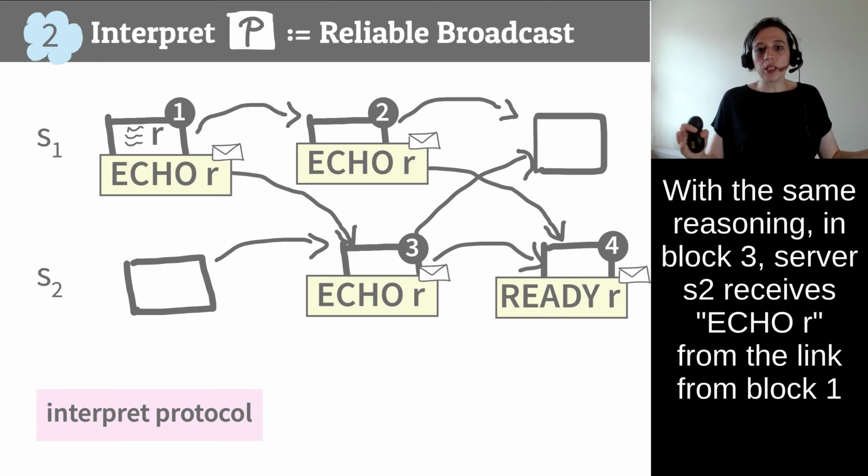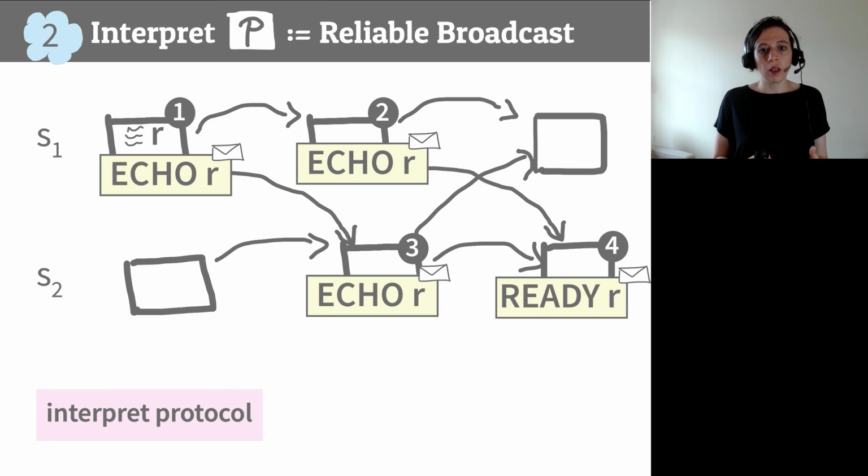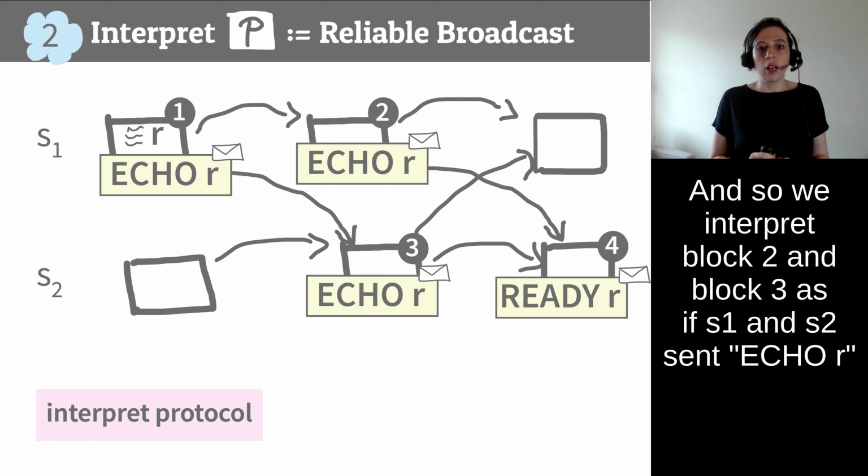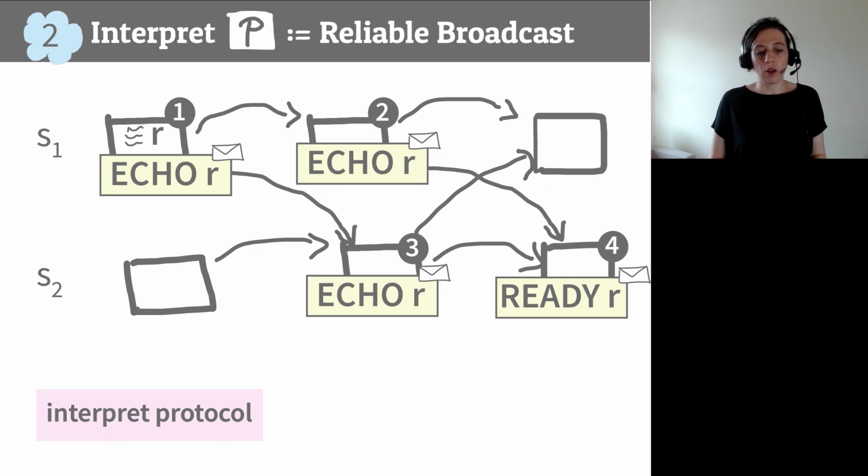With the same reasoning, in block 3, server S2 receives echo R from the link from block 1. Now, in the real broadcast protocol, both S1 and S2 at this stage echo R. And so we interpret block 2 and block 3 as if S1 and S2 send echo R.